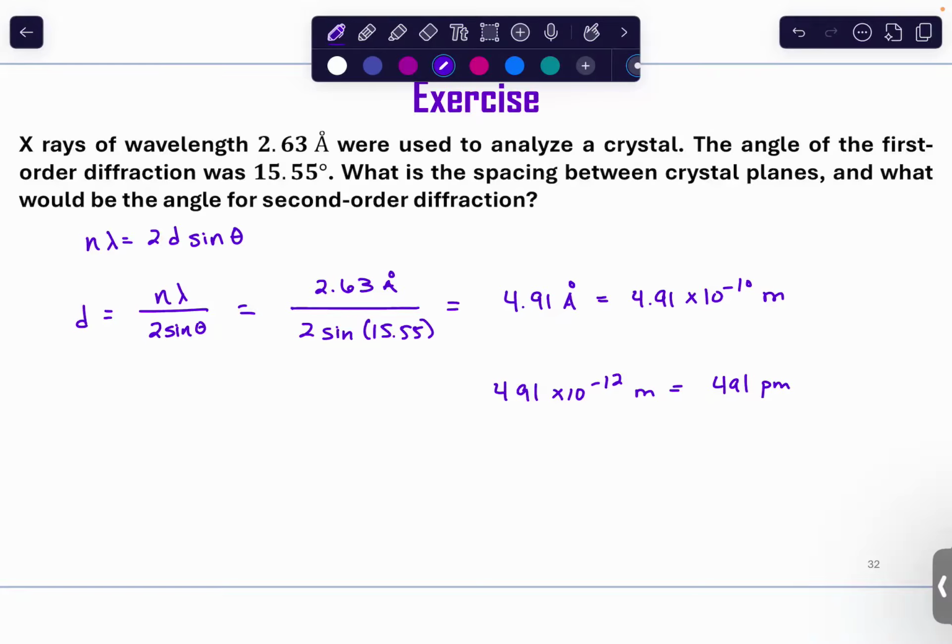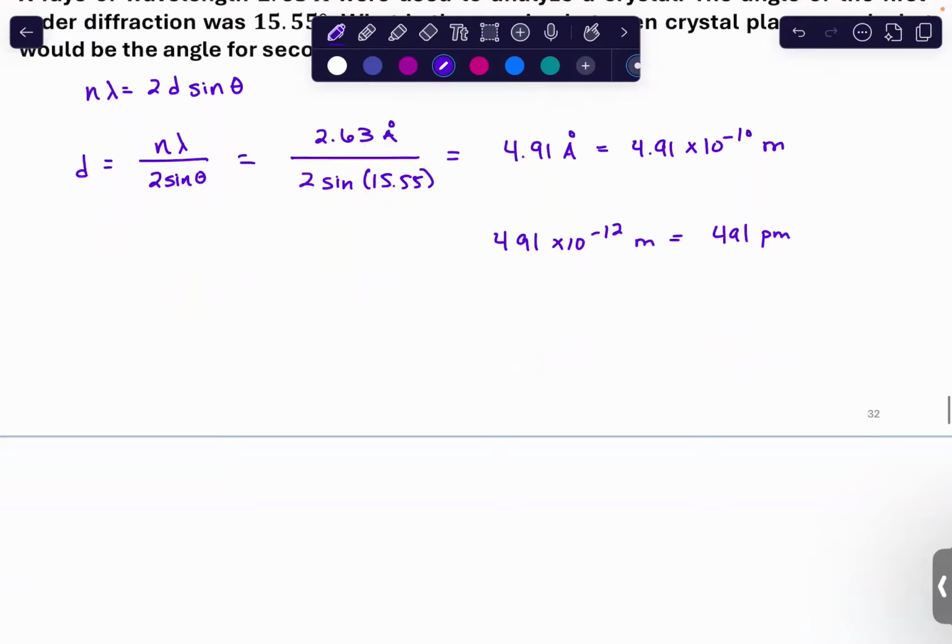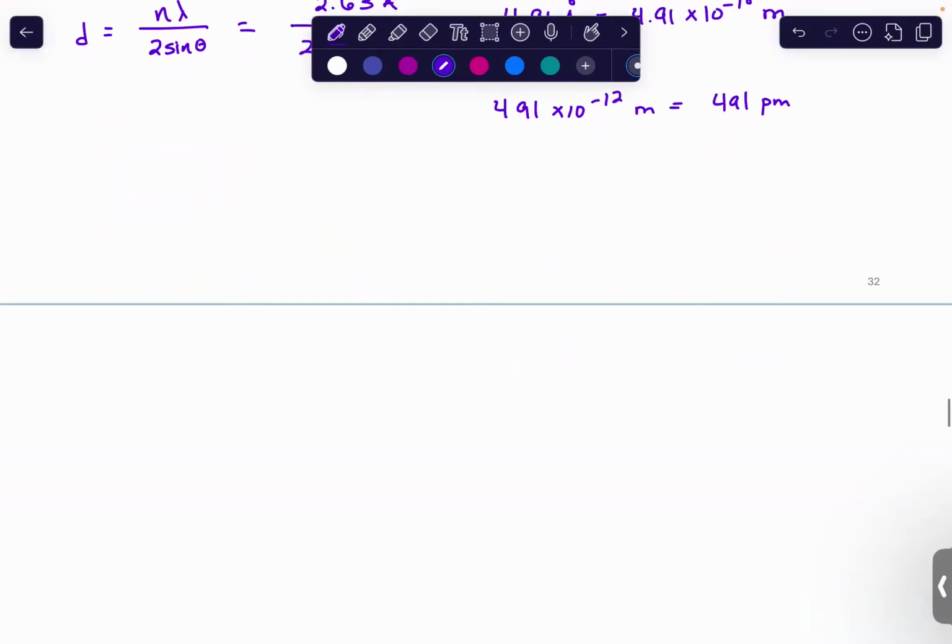Now, what would be the angle for the second order diffraction? All right, well, n lambda equals 2d sine of theta. All right. So we want theta. So first, let's do sine of theta equals n lambda over 2d. But now I have to figure out how to get theta.